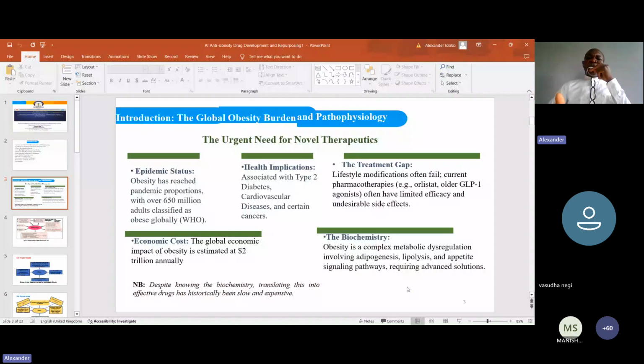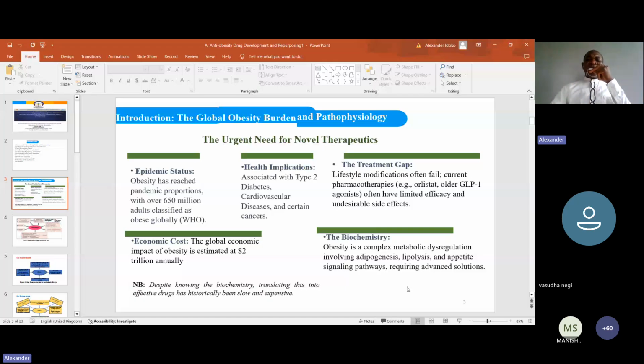Now, where does a biochemist come in? Where does a scientist come in? Looking at the challenge of obesity, obesity biochemically is a complex metabolic dysregulation involving adipogenesis, that is the excess production of lipids in the adipose tissue, and lipolysis and appetite signaling pathways.